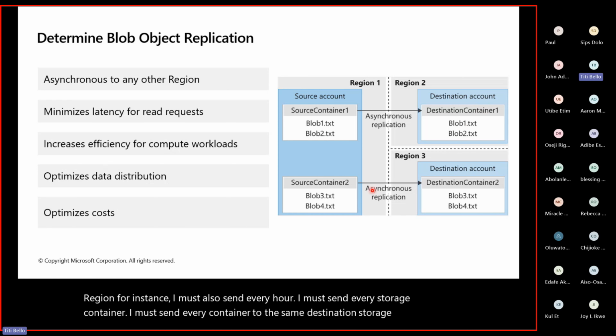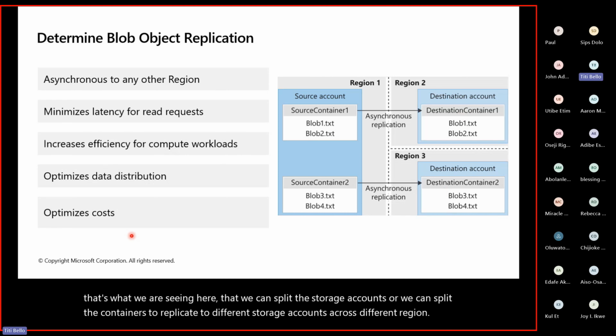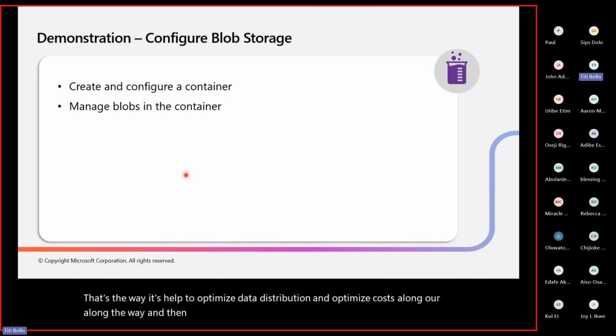No, what we are saying is that we can split the containers to replicate to different storage accounts across different regions. That helps to optimize data distribution and costs, and it minimizes latency.